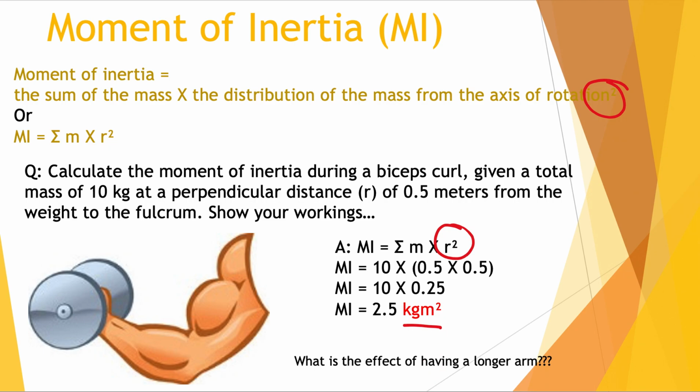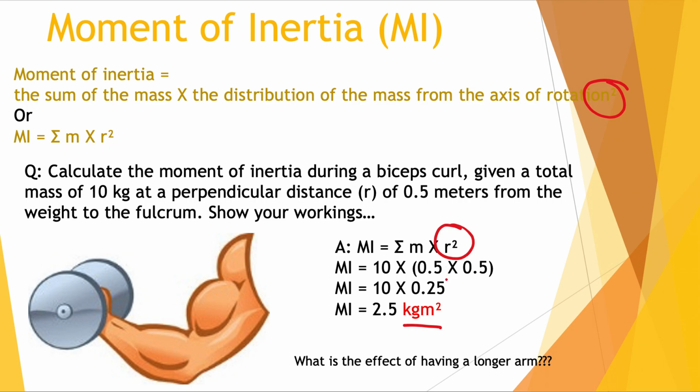So have a think, what would the effect on moment of inertia be of a longer arm? So let's say the arm were longer, but the same mass. The mass is still 10 kilograms. It's a longer, leaner arm, but now we've got a perpendicular distance of 0.7 meters.